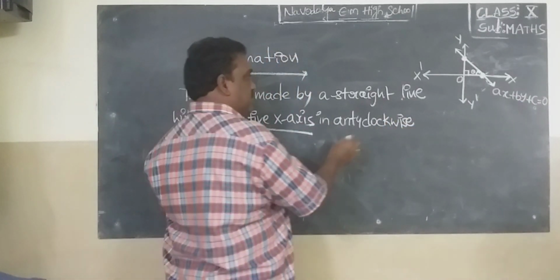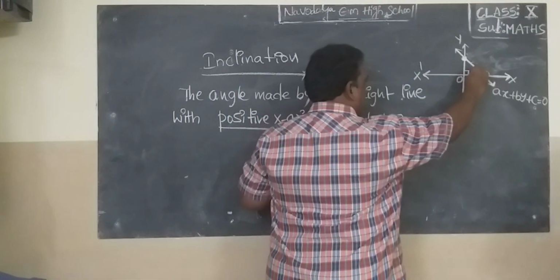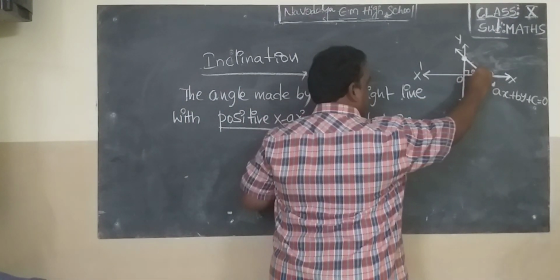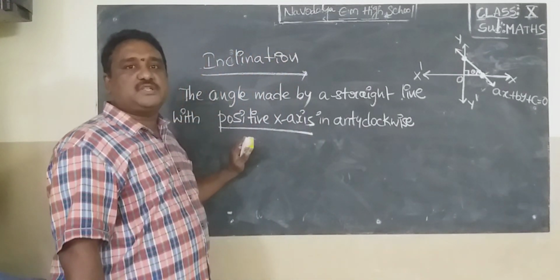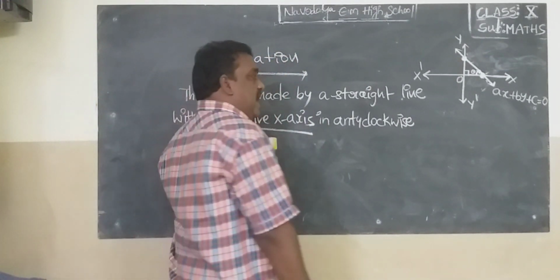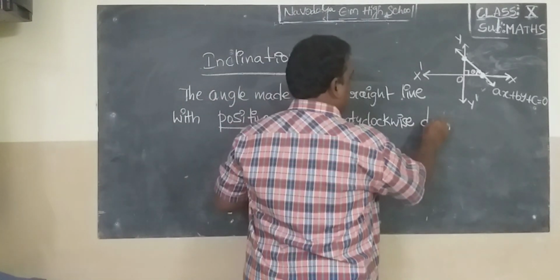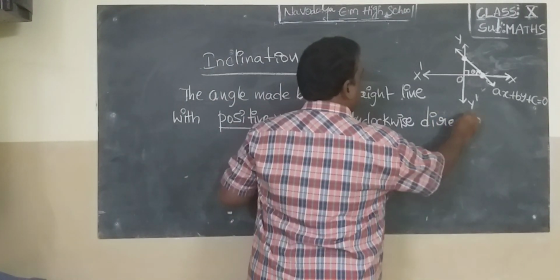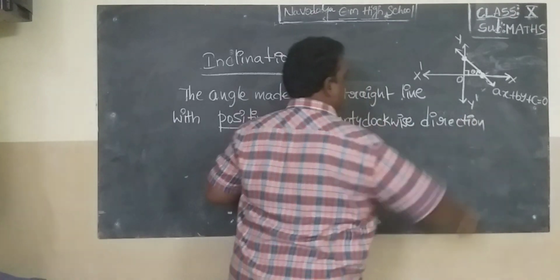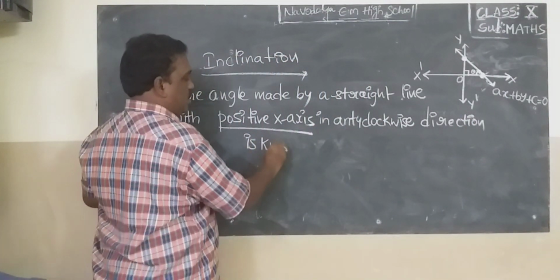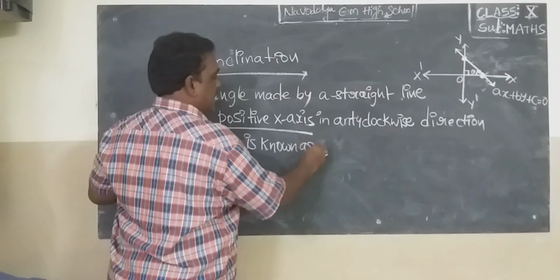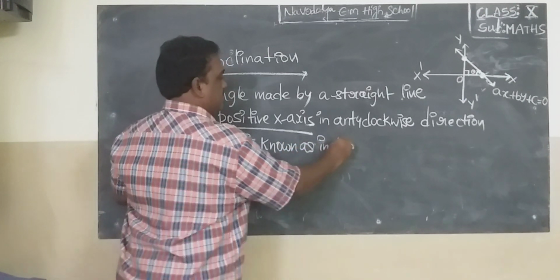So direction is important. Arrow mark towards up. The angle made by a straight line with the positive x-axis in anti-clockwise direction is known as inclination.